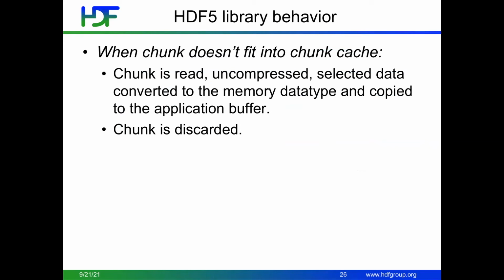Because what will happen when a chunk cannot fit into the cache because it's too small, especially when it's compressed, is it is read, uncompressed, selected data converted to the memory data type as you saw in this data diagram, and copied to the application buffer. And what happens next? The chunk is discarded because it doesn't fit into the cache.